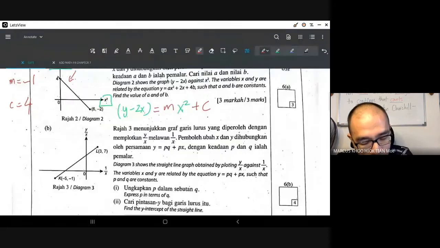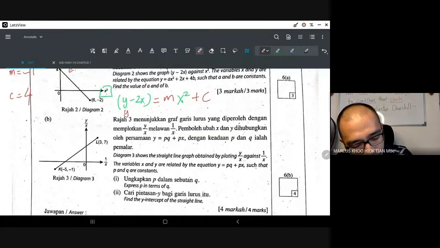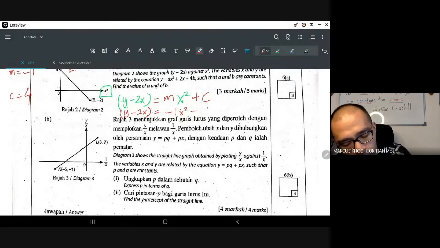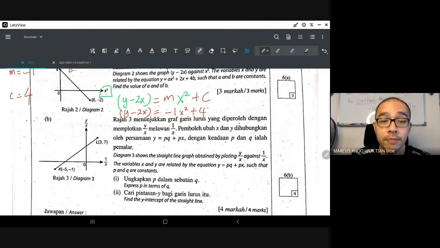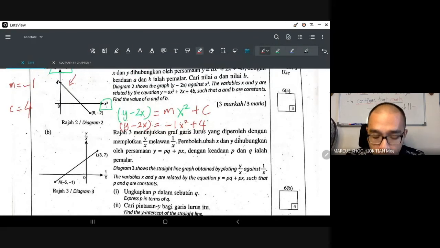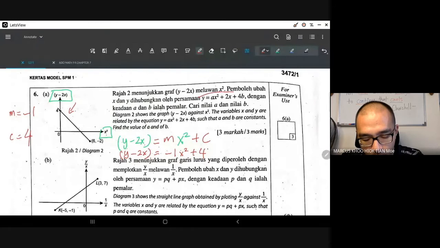So, you know that this equation is y minus 2x equals to -1x squared plus 4. Now, the original equation is y equals to ax squared plus 2x plus 4b. How do I change this to become this? What you do is bring the 2x to the other side. Easy, right?